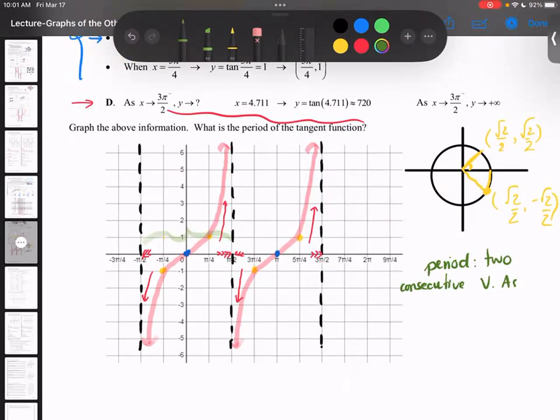I'm going to take pi half, which is this point right here, subtract negative pi half, which is pi half plus pi half. A half plus a half is 1, right? And this is the period of tangent, it's pi. You don't believe me? You can check, but the next one will give you pi as well.